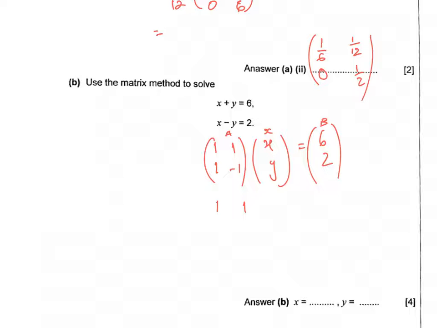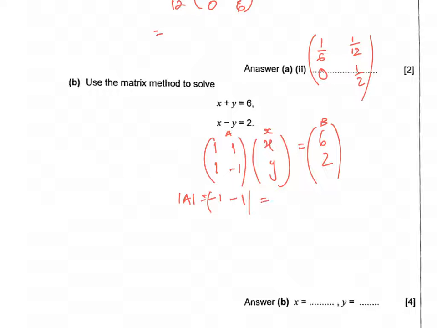If I multiply this with an inverse, I get an identity, which is just 1. Now what I'm going to do, I'll get the inverse of this. First I get the determinant, which is negative 1 minus the product of this, which is 1. So let me say this is now the determinant of A.